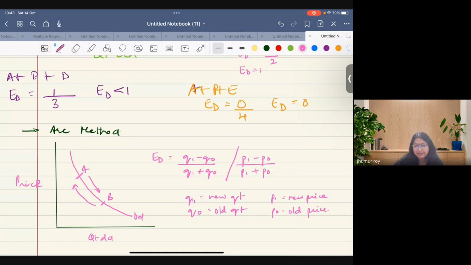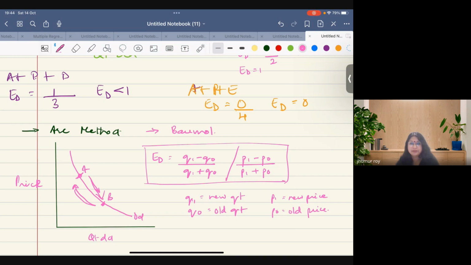Means if you shift from point A to point B, you will get a different elasticity, and if you move from B to A, you'll get a different elasticity. But if you use the arc method, means if you use this formula, you will get the same answer in both cases. So this concept was given by Baumol, who was a very famous economist.